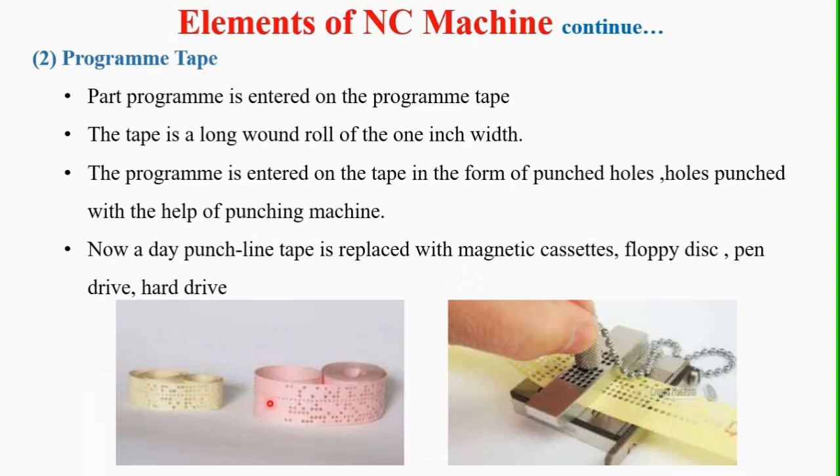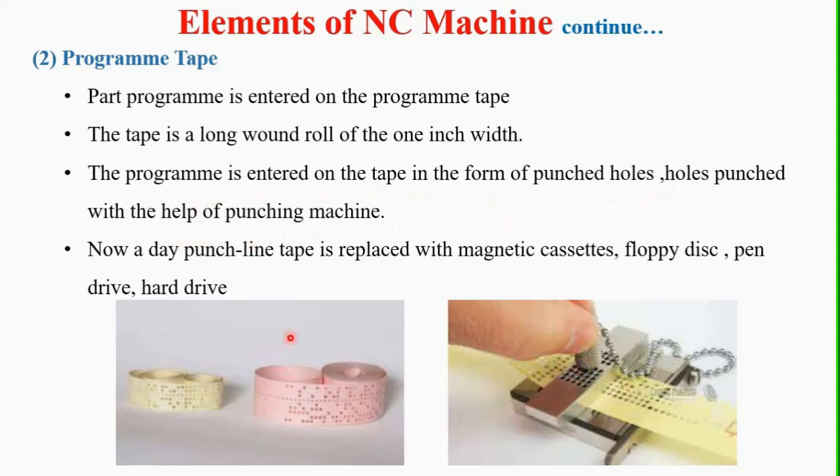So we can see here a 1 inch wide long wound roll is used to punch this program. The program is entered on the tape in the form of punched holes, punched with the help of punching machines. We can see here these holes are punched with the help of this punching machine.